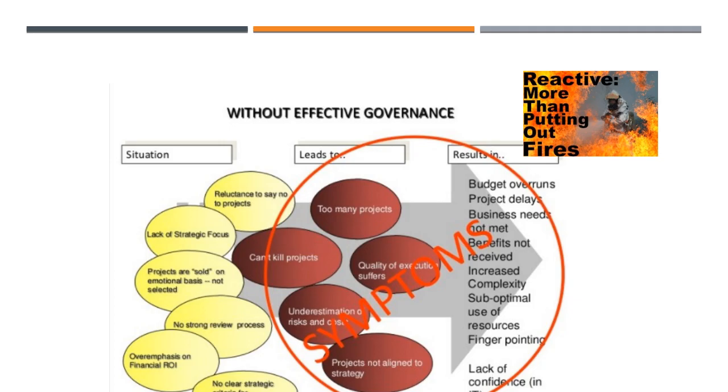So this is like a reverse way to see the advantage of effective governance. If you don't have effective governance, you will have these issues: quality problems, underestimating risks, projects not aligned to strategy, you accept so many projects that you cannot handle, and so on.